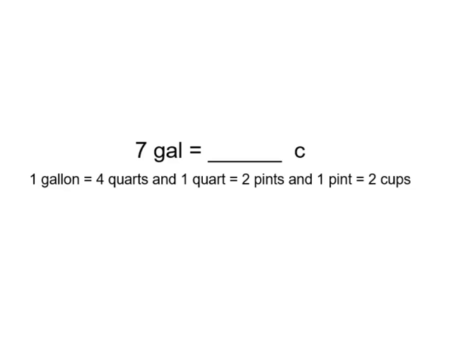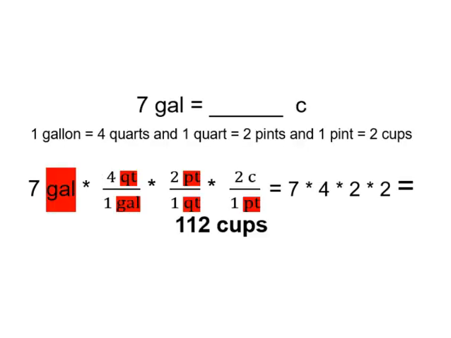We can do it. Let's look at how it is set up. We are going to multiply 7 gallons times 4 quarts over 1 gallon times 2 pints over 1 quart times 2 cups over 1 pint.